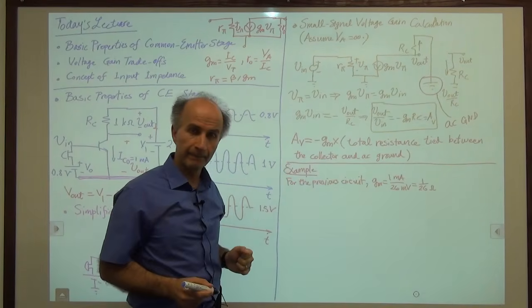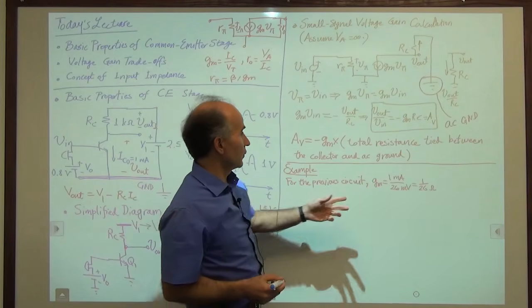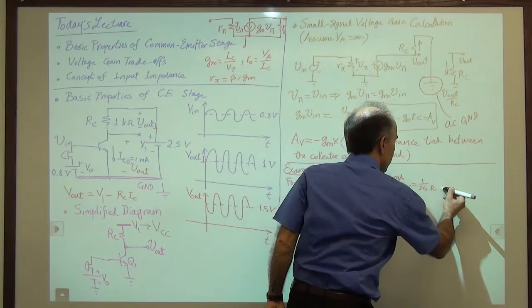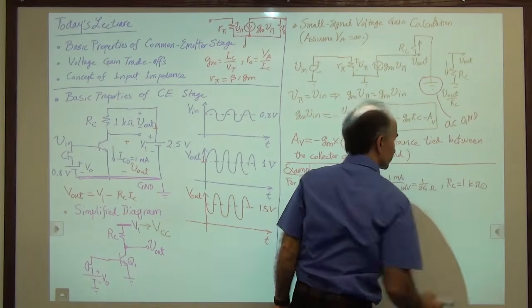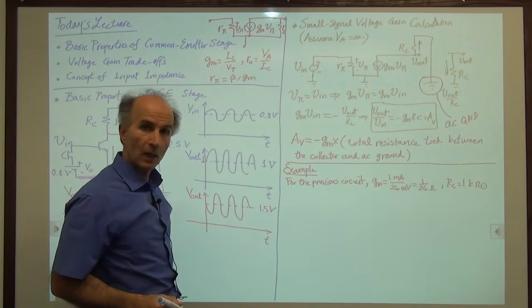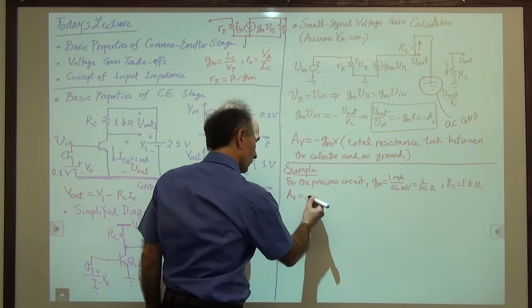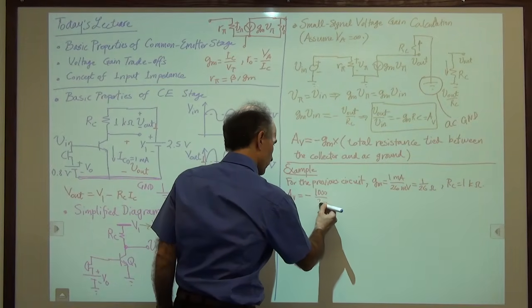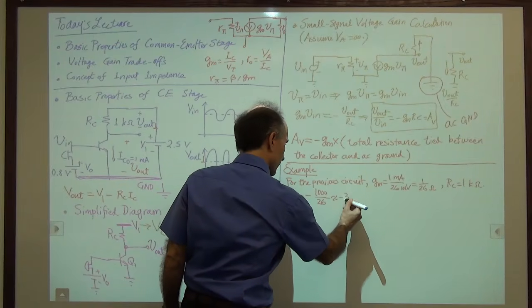Very simple. And what else? Well, I just need GM, and I need to multiply it by RC. And of course, RC is 1 kilo ohm. So that means that AV is equal to minus 1,000 divided by 26, and that's approximately equal to minus 38.